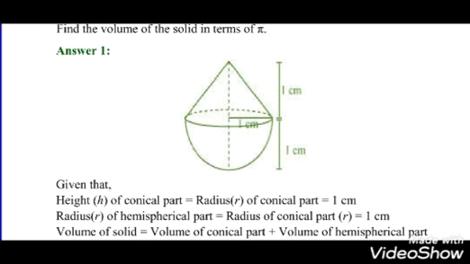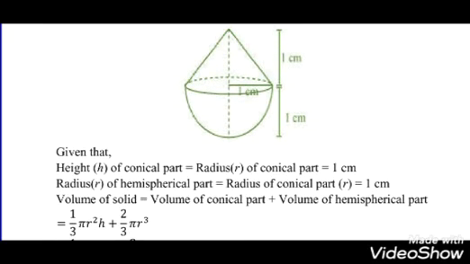Already we know that the volume of a cone is 1/3 of the volume of a cylinder. So it is 1/3 pi r square h, and the volume of a hemisphere is 2/3 pi r cube, in cubic units. So the formula is 1/3 pi r square h plus 2/3 pi r cube.